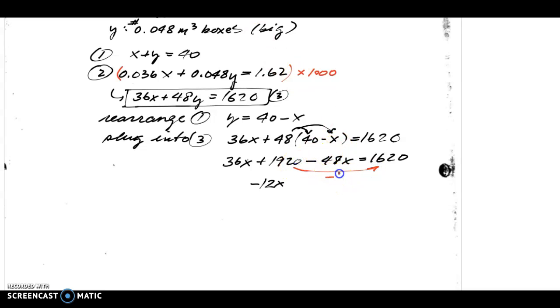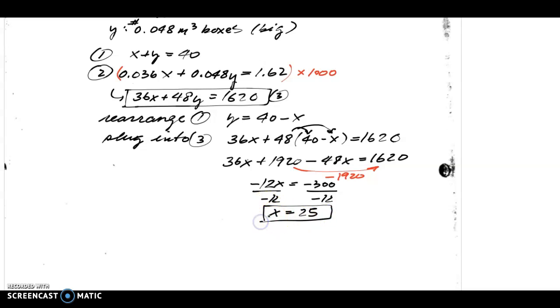So I'm going to have to subtract 1920 from both sides, which gives me 1620 minus 1920. I get minus 300. Now I divide both sides by minus 12. X is equal to 300 divided by 12 because it's positive. So x is 25. Ha!